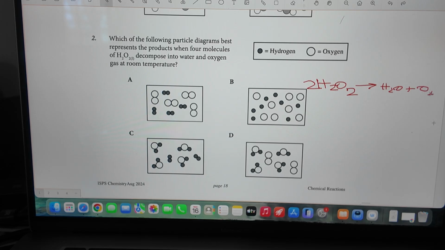That's why I wrote the second H2O2, because you want there to be O2.